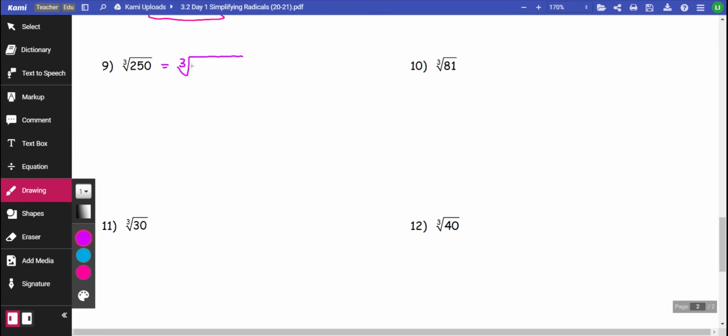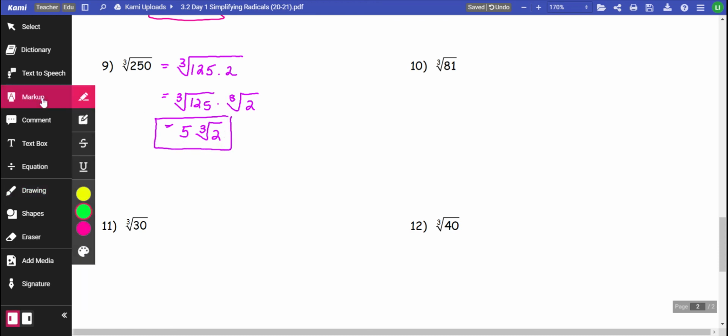If I look at my perfect cubes, I can divide this by 125. So it's 125 times 2. The cube root of 125 times the cube root of 2. Cube root of 125 is 5, and I have a cube root of 2 left over.